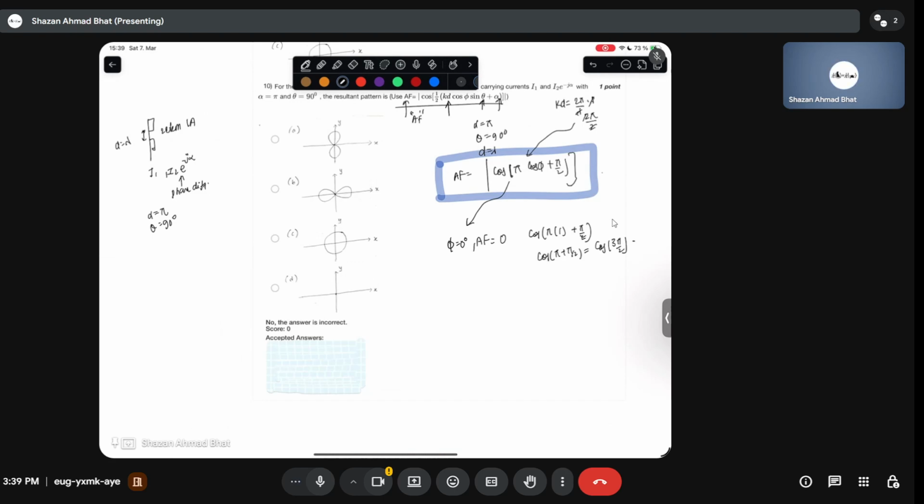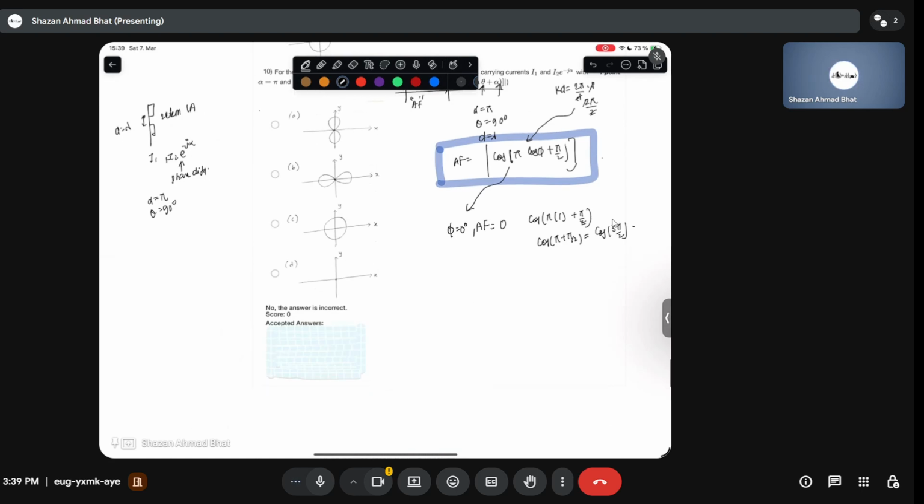It's a multiple of pi by 2, and essentially it will be 0. So again, for phi equals 90 degrees, you get AF to be equivalent to 0. For phi equals 270 degrees, you get AF to be equivalent to 0. When you check it, just cross check it. For phi equals 180 degrees, you get AF to be equivalent to 0.